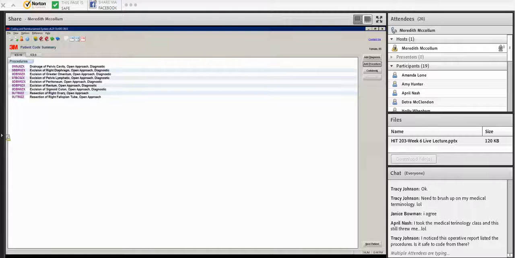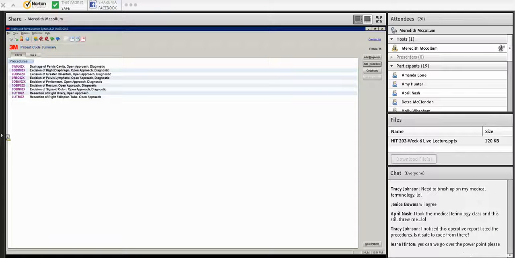And no, it's not safe to code from there at all. There's many times they don't do stuff that they say they're going to do, or their intention is to do this, and then they get in there and this happens. That's why you have to read through it and see exactly what was done.